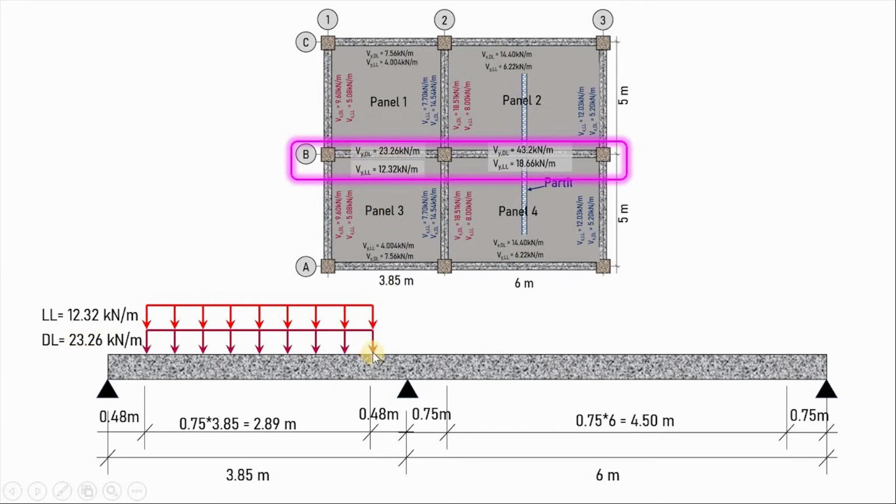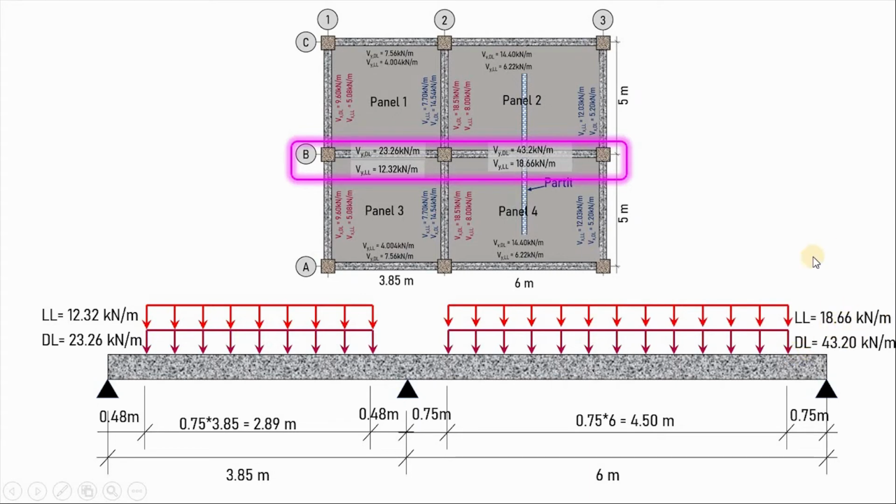Now this will be applied in the middle 0.75 of that span. In the same way here the dead load is 43.2, and here I have 43.2, and the live load will be 18.66. This is what we have been calculating, the load transfer from panel 2 and from panel 4.